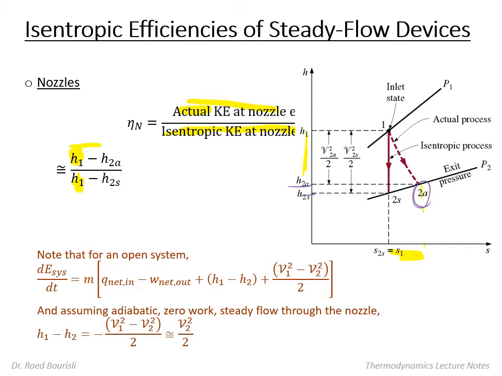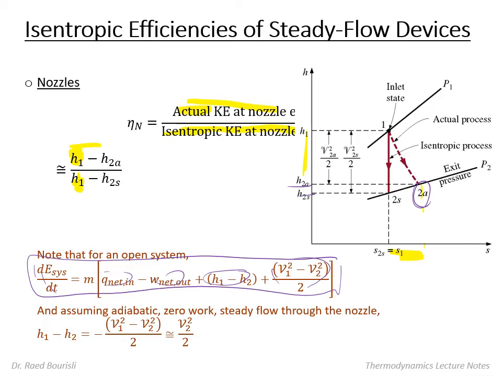Now note that for an open system, we have this first law. This is heat, work, output, difference in enthalpy, and then difference in kinetic energy.